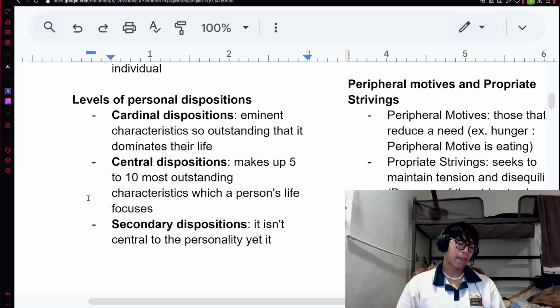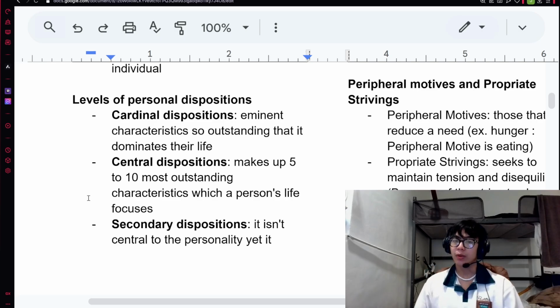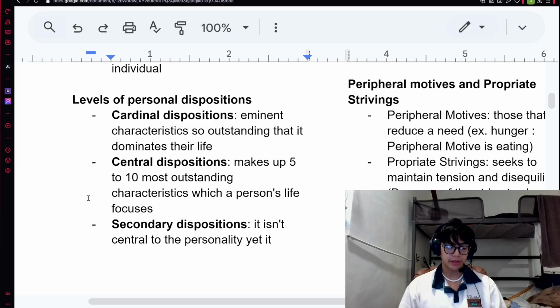Now, this is not for everyone. Not everyone has a cardinal disposition, because it would have to be something so obvious and clear that it would have to make up basically your whole personality and image. So for example, if I say the word Hitler, your first reaction is going to be, Nazi.